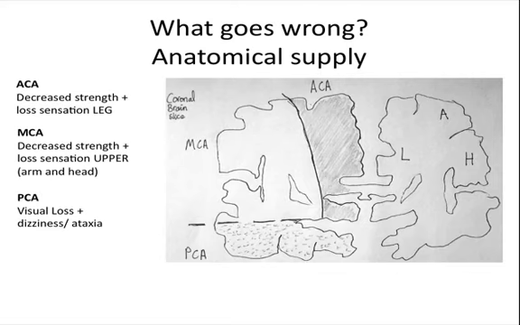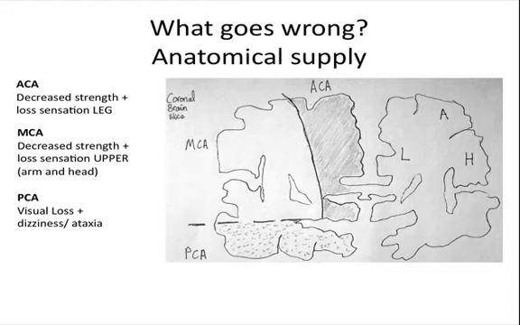Now, after many hours in front of books, diagrams, lecturers, and neurologists, I believe that this is the simplest way to think about areas of loss and neurological signs in terms of their anatomy and blood supply within the brain.